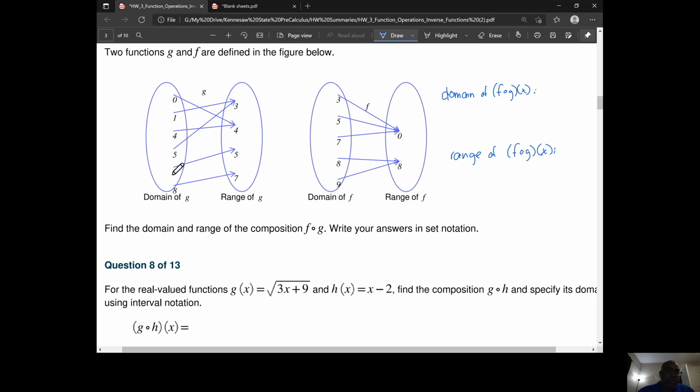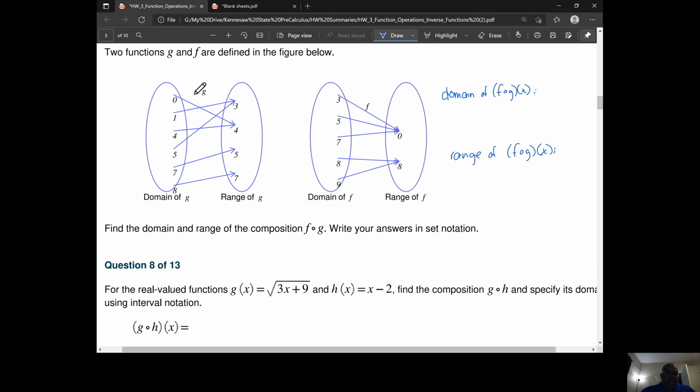We do g first, like we did in the problems above it. This is the domain of g. This is the range of g. And the range of g becomes the domain of f. And then the range ends up being the composed range. So the total outputs equal the outputs for the composition function. Let's just see what it looks like.